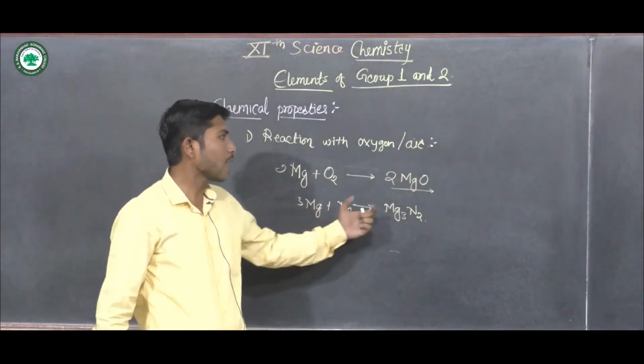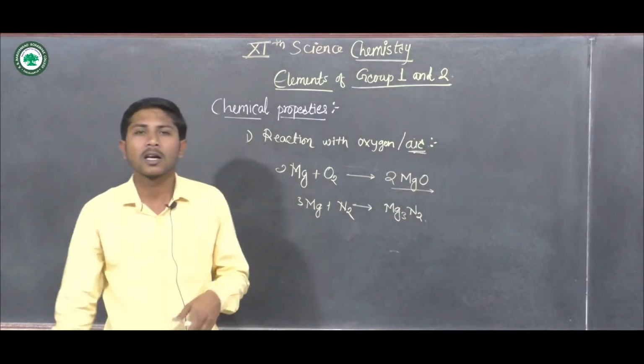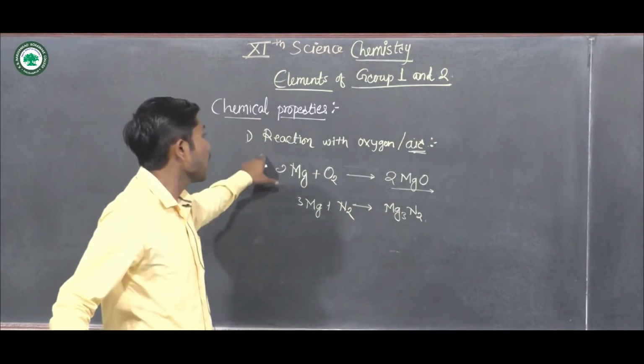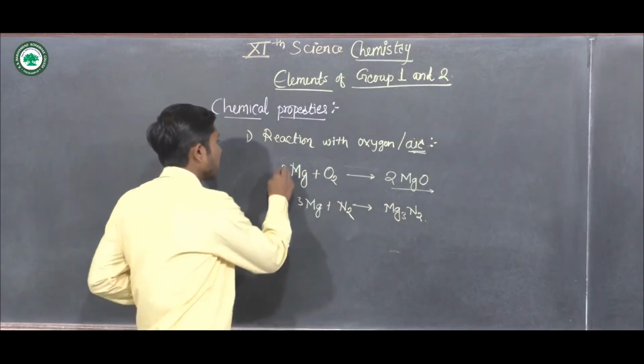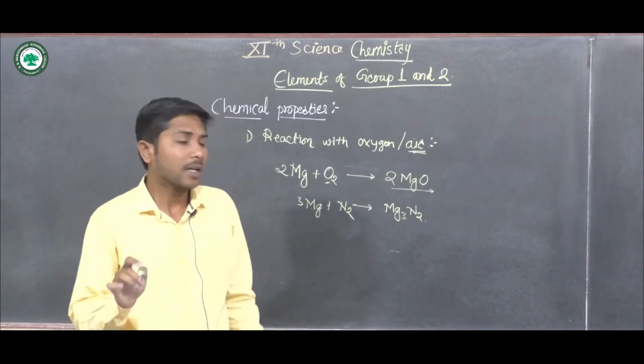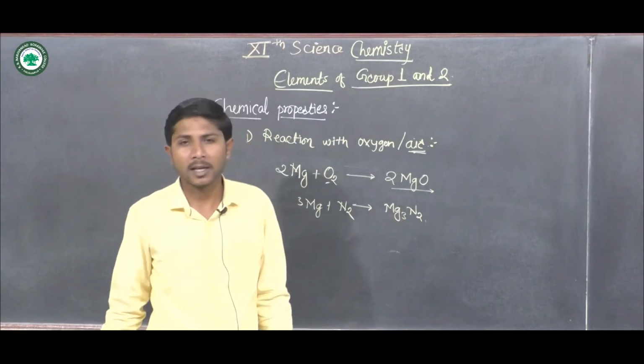This reaction is also carried out in the air, in the presence of oxygen. That's why this property is included in the chemical properties of the group second elements: reaction with oxygen or air. When magnesium reacts with nitrogen, it forms the corresponding nitride.